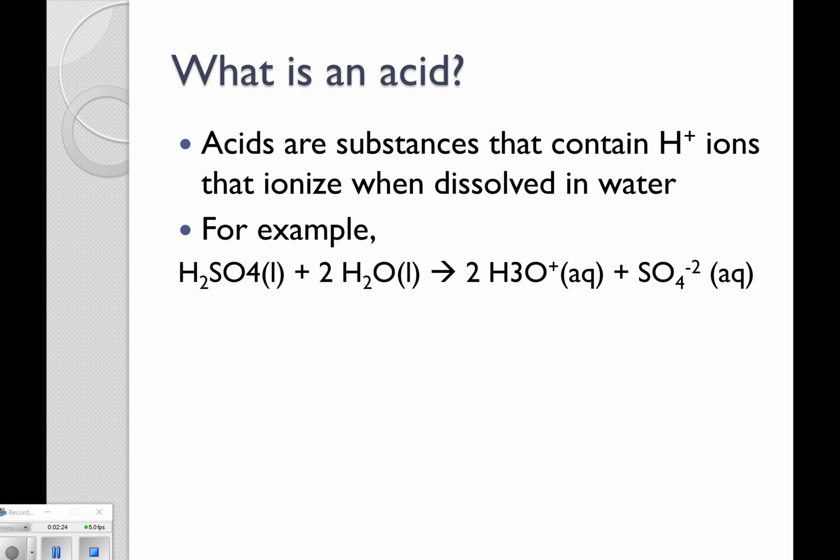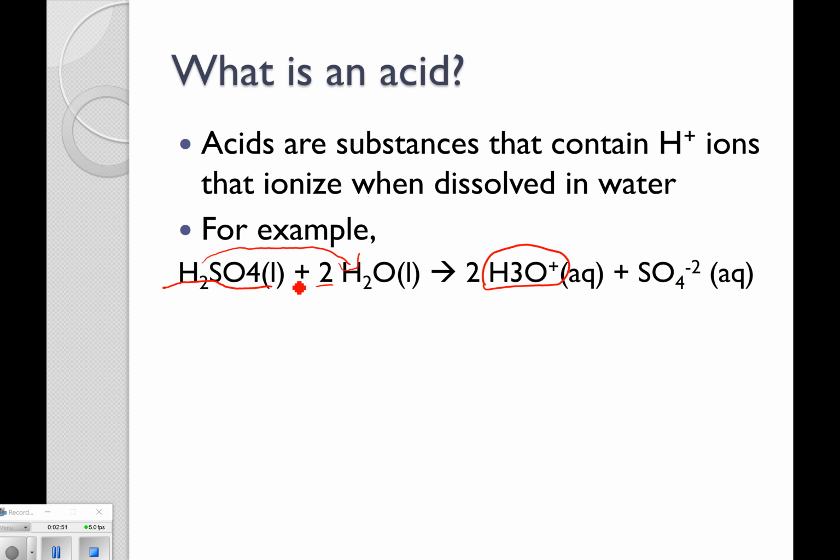So another example here, H2SO4 contains a sulfate ion and two hydrogen ions connected to it. These two hydrogens from this hydrogen sulfate, otherwise known as sulfuric acid, are going to be added to these two water molecules, and we're going to create two more of these special H3O plus ions.